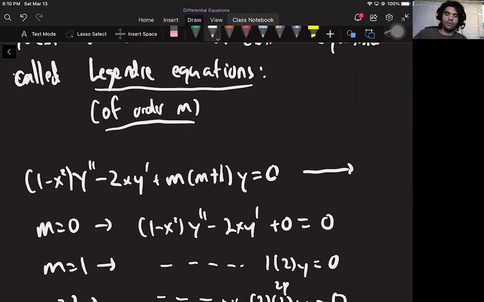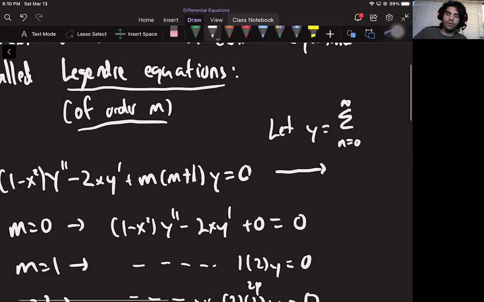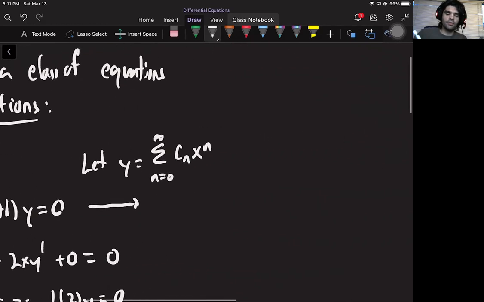So what we're going to do is let y equal an arbitrary power series where we don't yet know these coefficients. And then we're going to take derivatives, plug them in. That's the same as last time. Simplify as much as possible and see what happens. Okay, so what's y prime going to be?